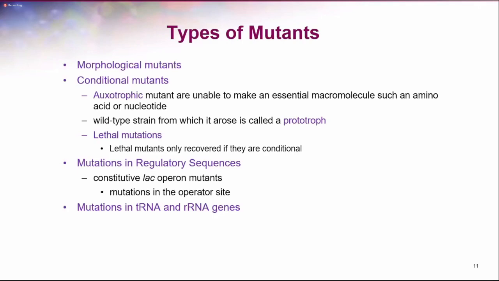Now, going back to that same example of a microbe with the DNA polymerase 3 mutation, if that mutation is in a critical part of the polymerase, so that the cell is unable to synthesize DNA at any temperature, then the cell would die.